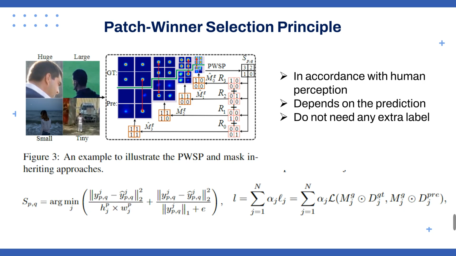During the training phase, each resolution outputs its predicted density map. PWSP dynamically gets the region selection label, which is transferred to mask M with a one-hot encoding operation and an upsampling operation. The ultimate optimization objective for Steerer is an accumulated loss weighted on all branches.